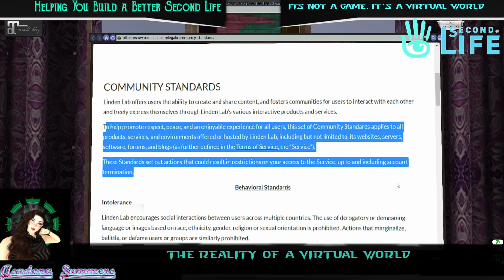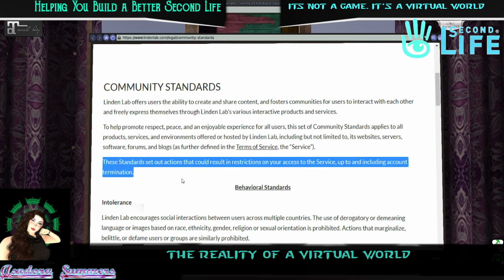These standards set out actions that could result in restrictions on your access to the service up to and including account termination.